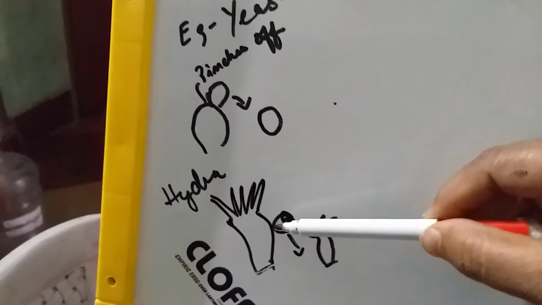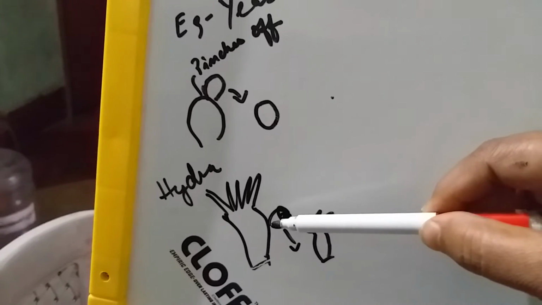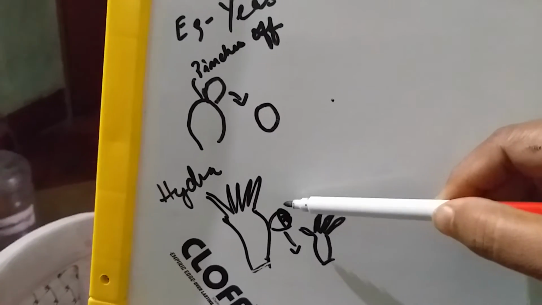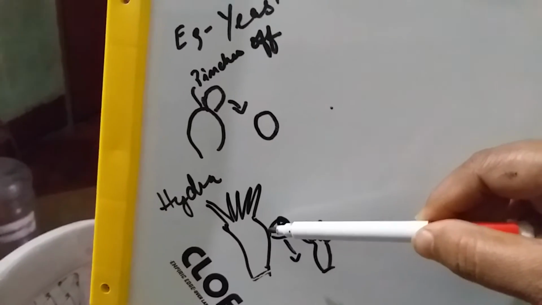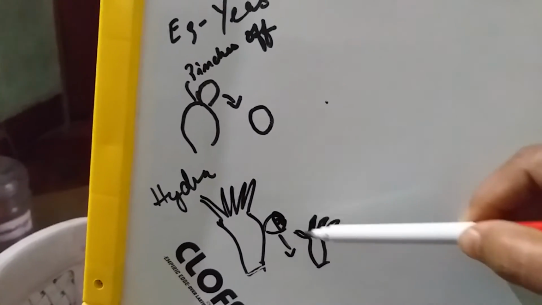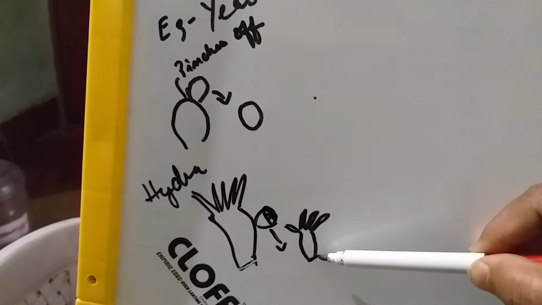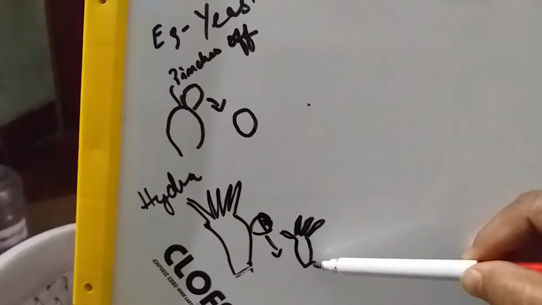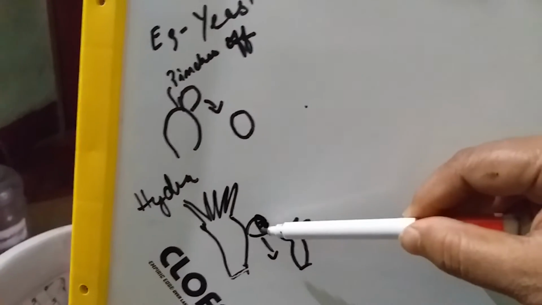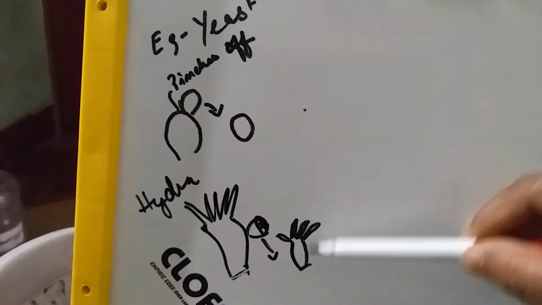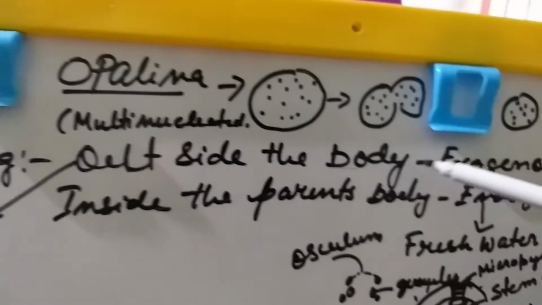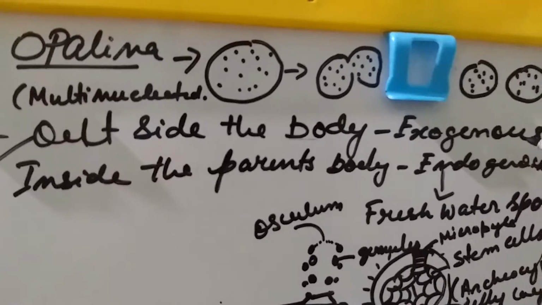It develops as a small bulge of the body. Later, tentacles develop and ultimately, when it gets fully matured, it falls off and it becomes a free living hydra again. So this is how a bud develops into a new individual. So it is an example of exogenous bud.